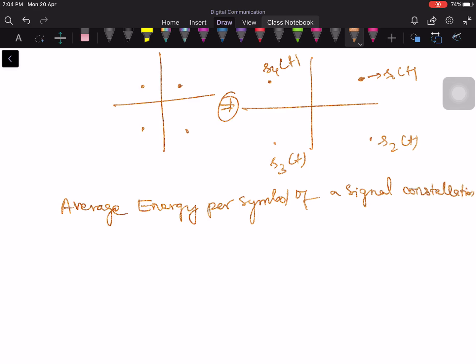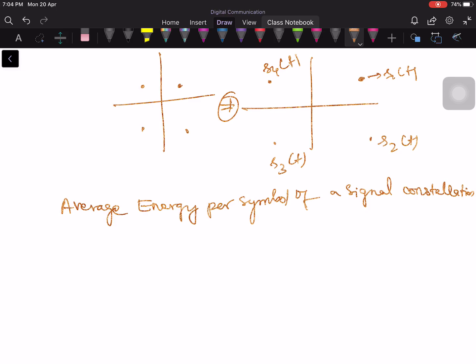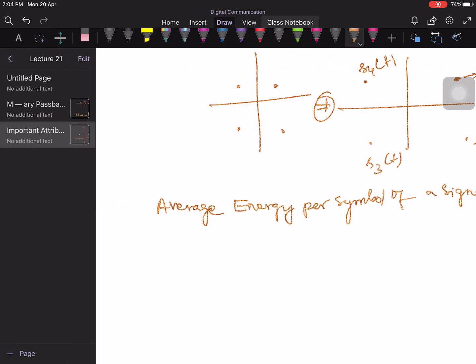Before that, one minute, just hold on. There is a grid actually, I need to activate that. I don't know where it is. Let me check. It is not there.